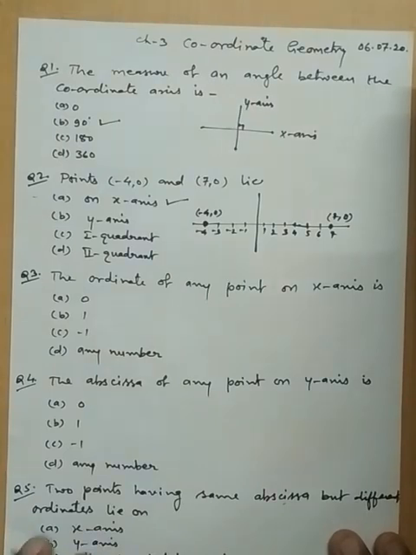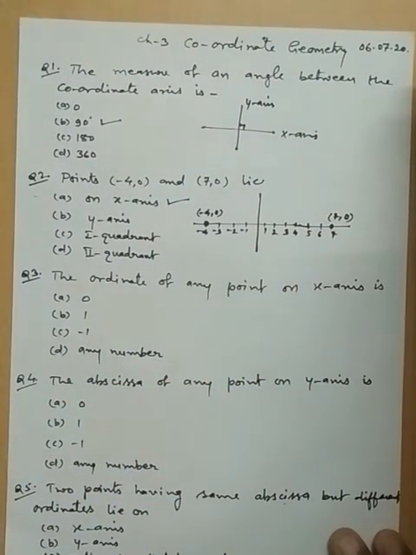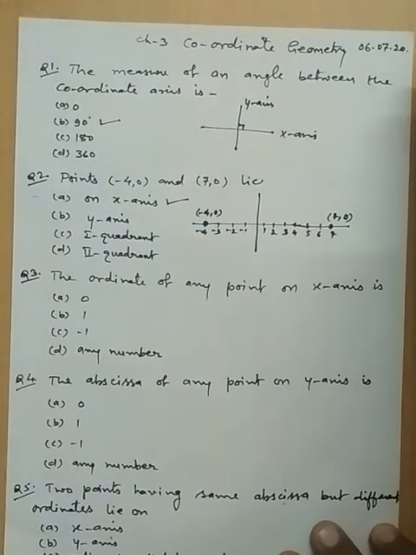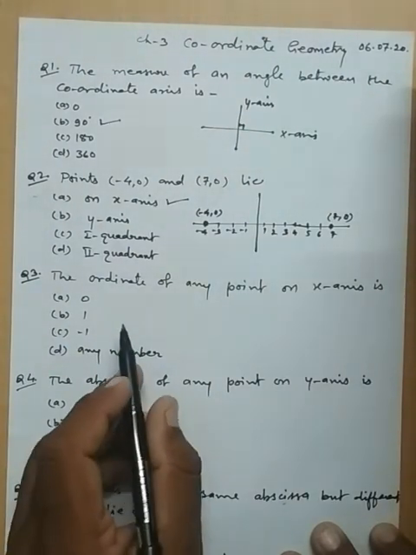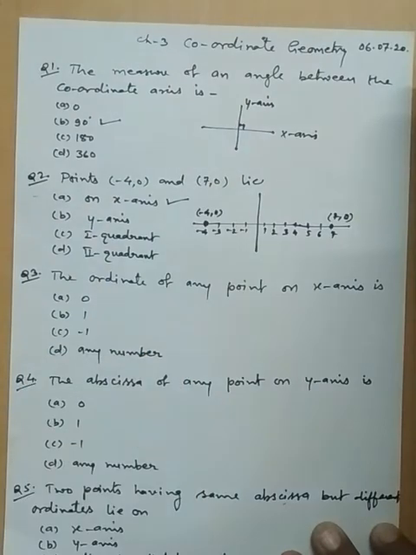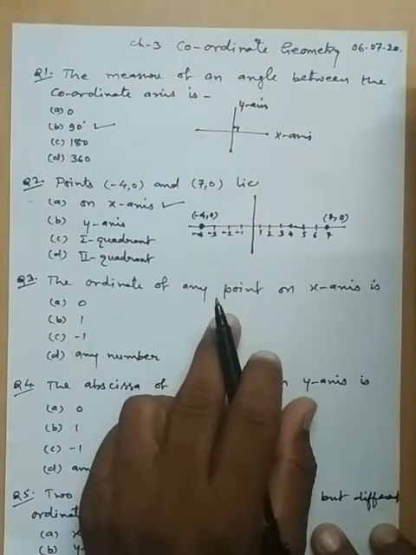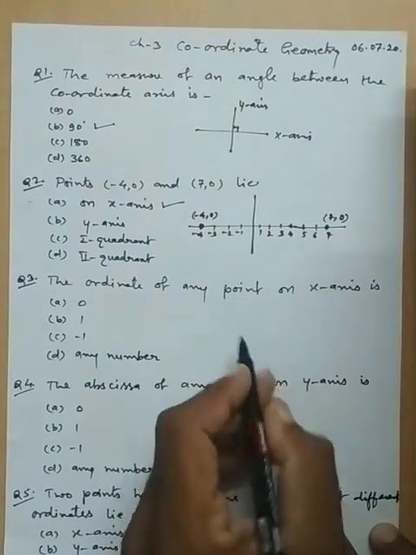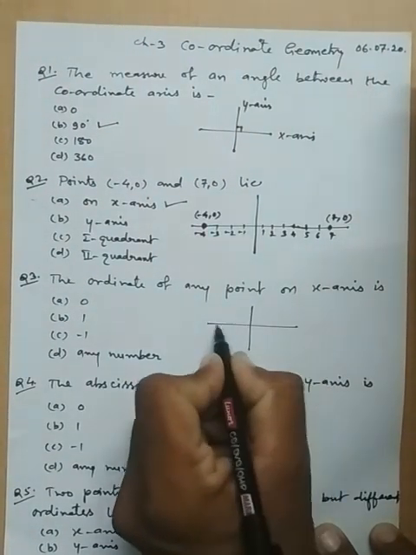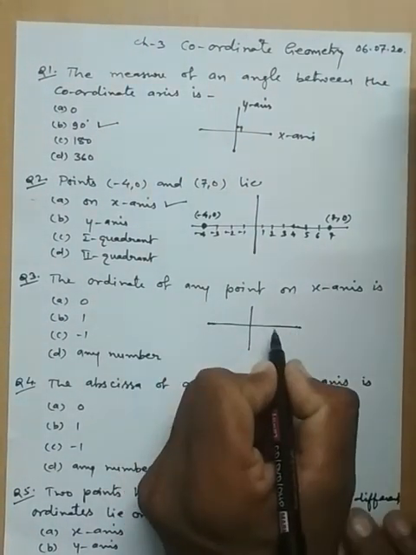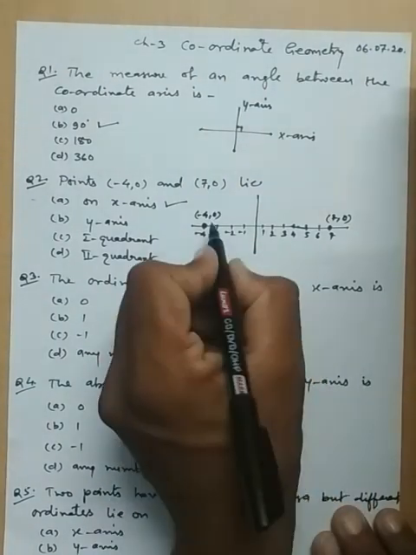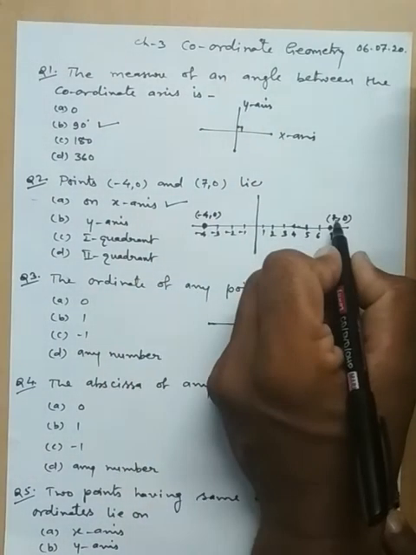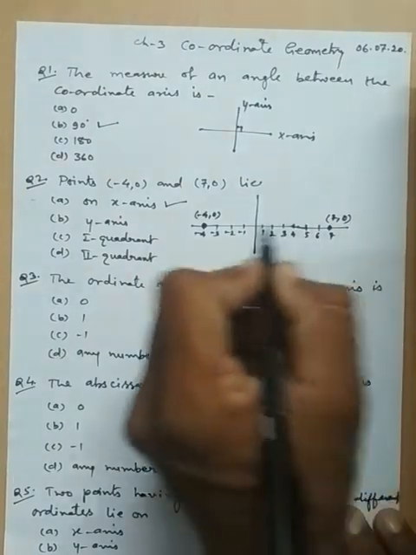Next question: the ordinate of any point on the x-axis. The meaning of ordinate is y-coordinate. For any point, the first coordinate, the x-coordinate, is called the abscissa and the y-coordinate is called the ordinate. For example, for (-4, 0) and (7, 0), the y-coordinate is 0.